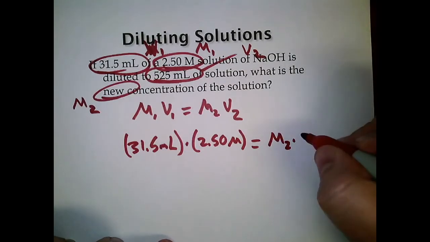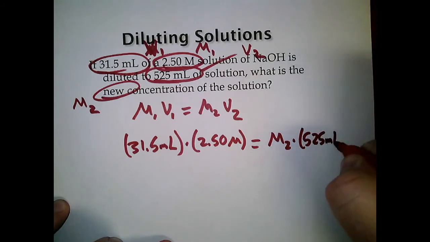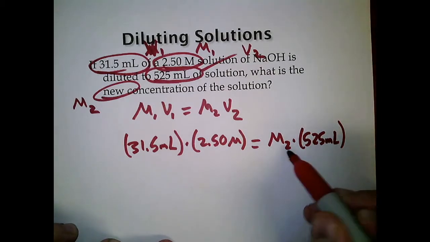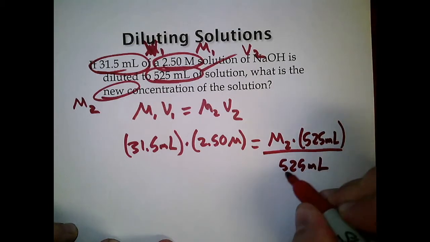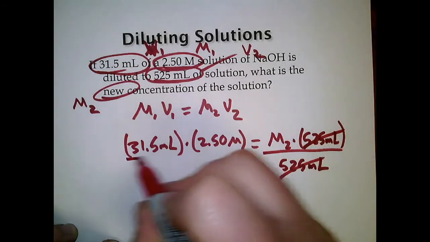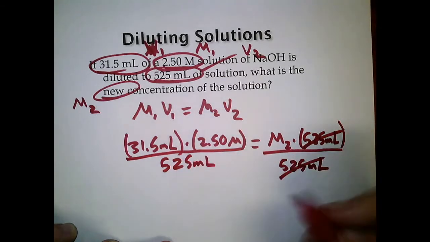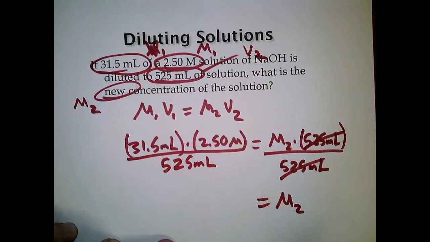And the volume that I'm changing it to is 525 milliliters. Okay, I want to isolate M2, the new concentration, so I'm going to divide this side by 525 milliliters, so it cancels. And then divide this side by that as well, 525 milliliters. So the only thing left on this side is my new concentration, M2.